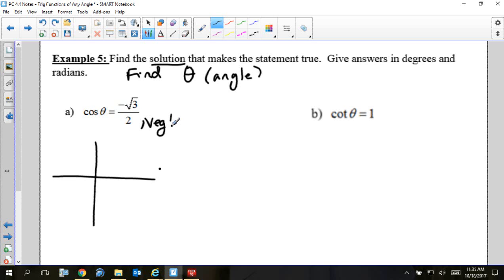First and fourth. So where's cosine negative? 2 and 3. So there's going to be two answers. One of them is going to be in quadrant 2. The other one's going to be in quadrant 3. And I drew my theta that connects my terminal side to the x-axis. There's two triangles.